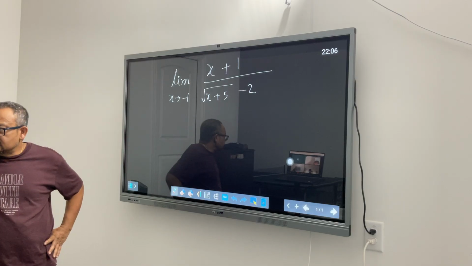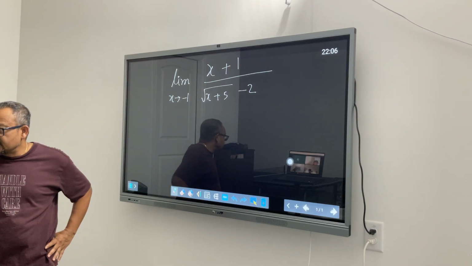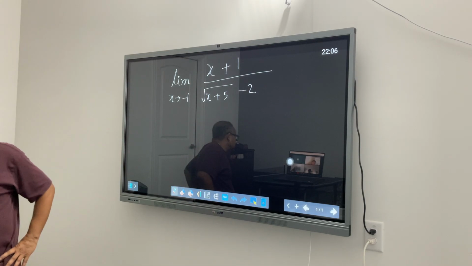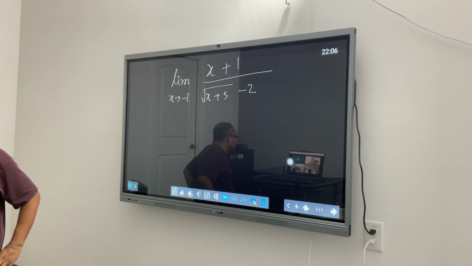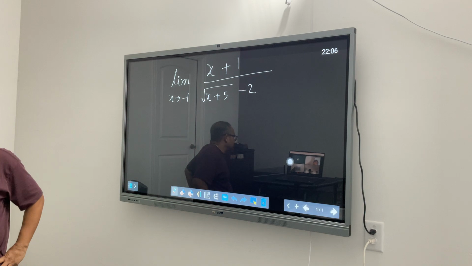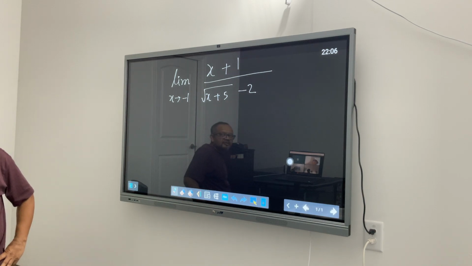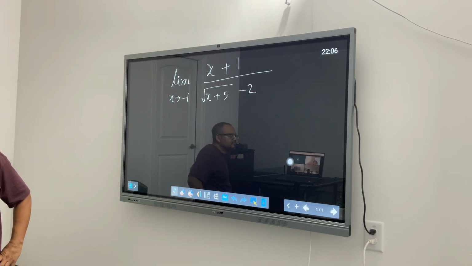Okay, let's see why Vedansi got 0. Instead of just multiplying the denominator by the square root of x plus 5, I also multiplied it by the square root of x plus 5 plus 2, so that it takes away the denominator.